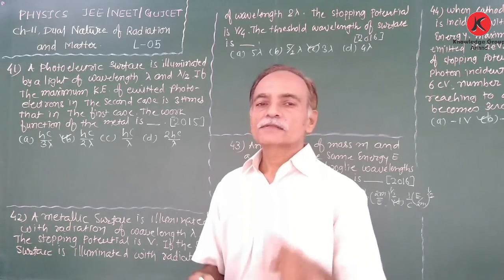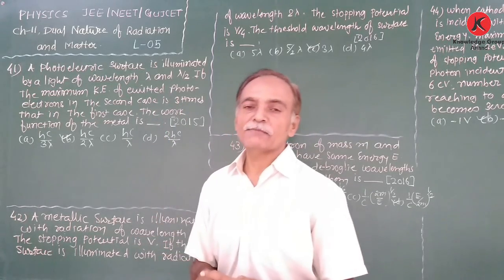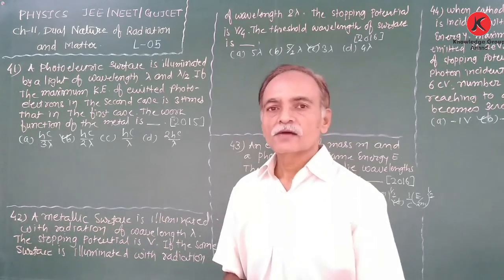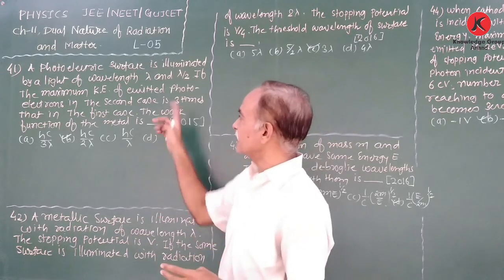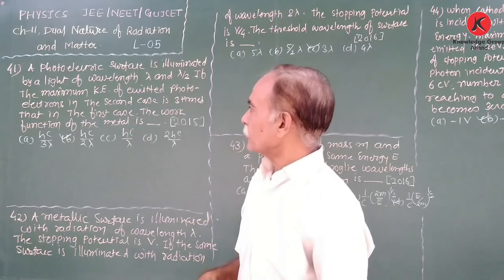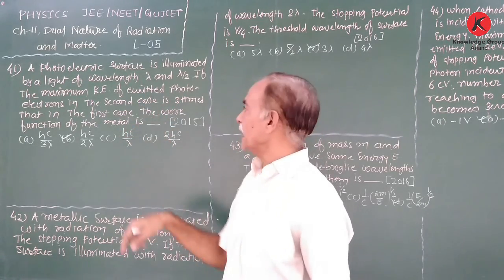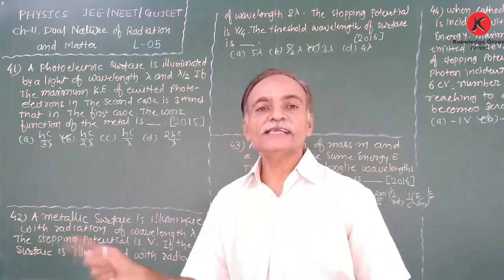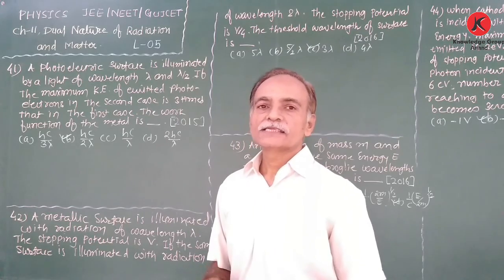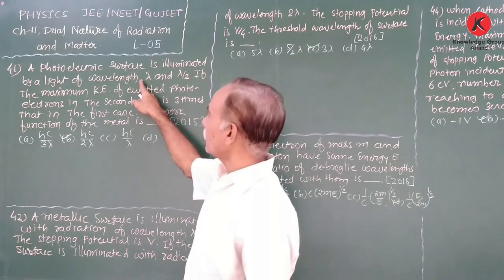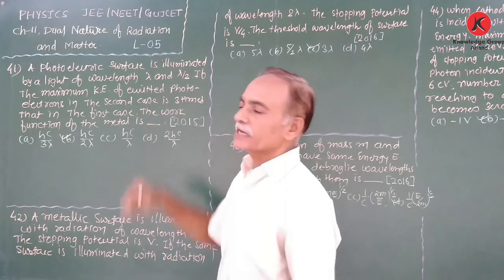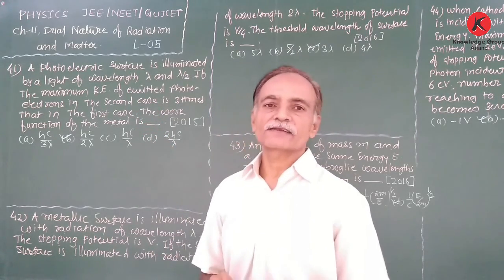Radiation of wavelength lambda and lambda by 2 is incident on a metallic surface. When the wavelength of radiation is lambda, the maximum kinetic energy is K1.